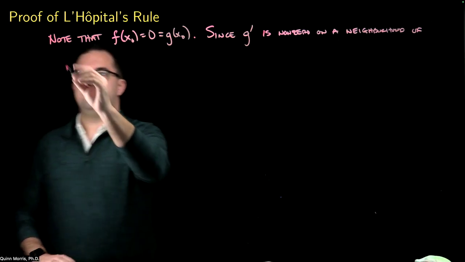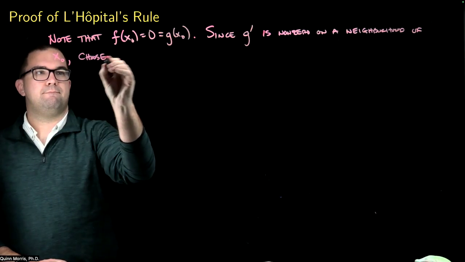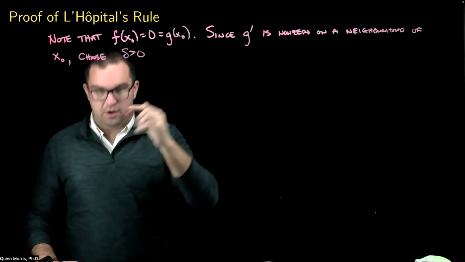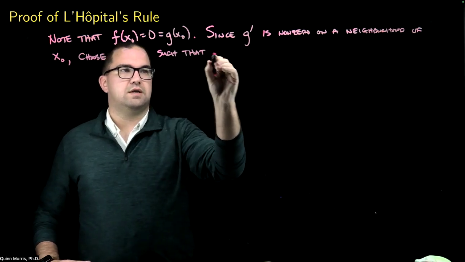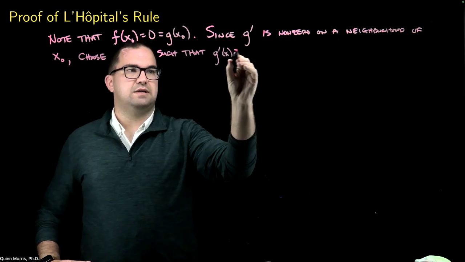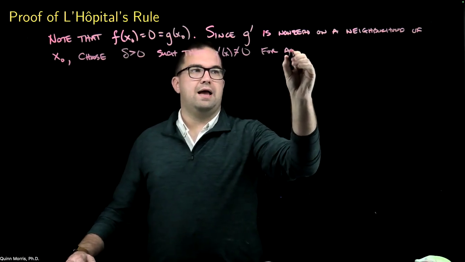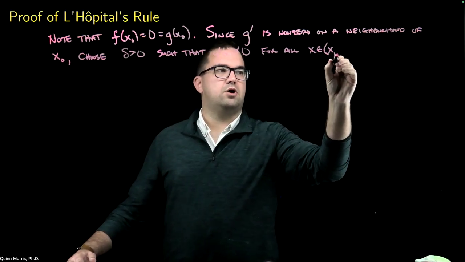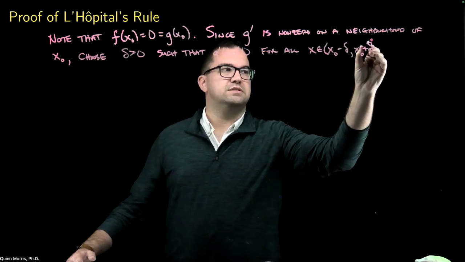of x naught, what I'm going to do is choose a delta greater than 0 such that g prime of x is not equal to 0 for all x in the interval x naught minus delta to x naught plus delta.